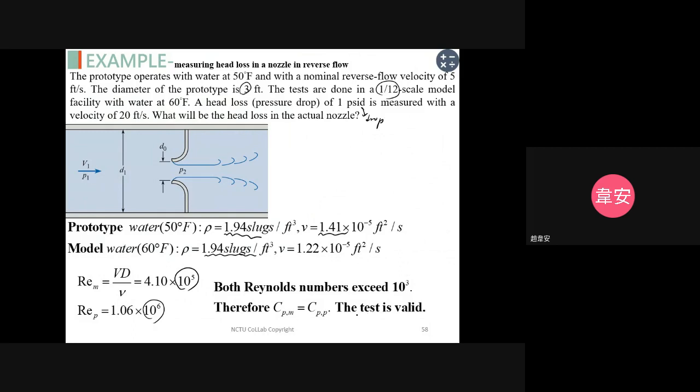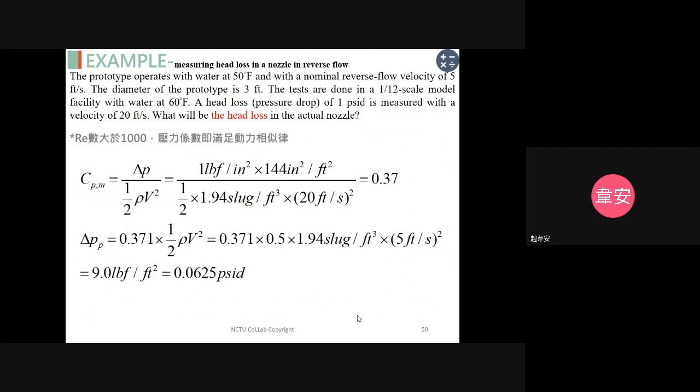The test is valid. So again, when we go back to our problem, we need to answer the head loss in the actual nozzles. So we compute the pressure coefficient for the model first. We know that delta P provided here is 1 psi, and we know the velocities and we know the densities.